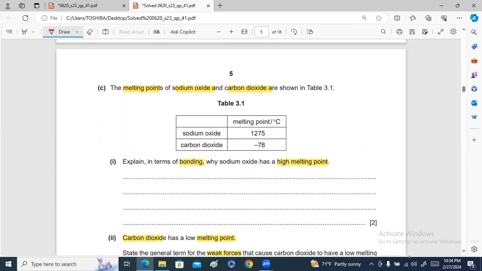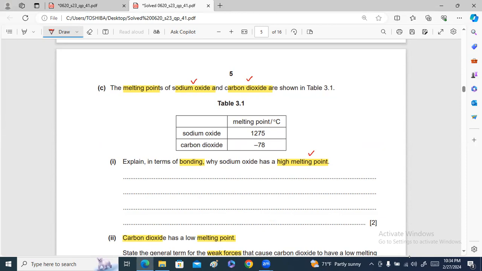So the next question is regarding the melting points of the sodium oxide and carbon dioxide. In the question, we already know that the sodium oxide is ionic compound and carbon dioxide is a covalent compound. Explain in terms of bonding why sodium oxide has a high melting point.